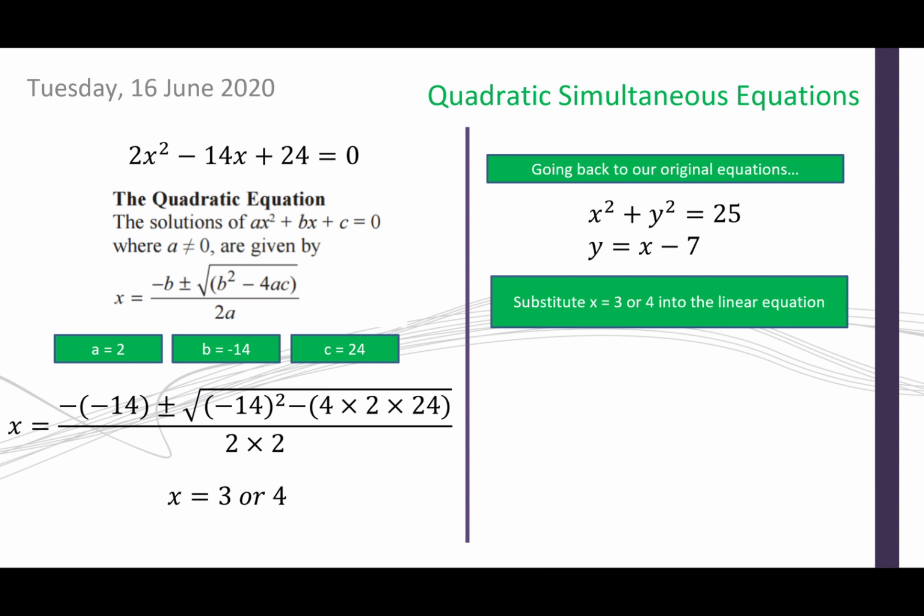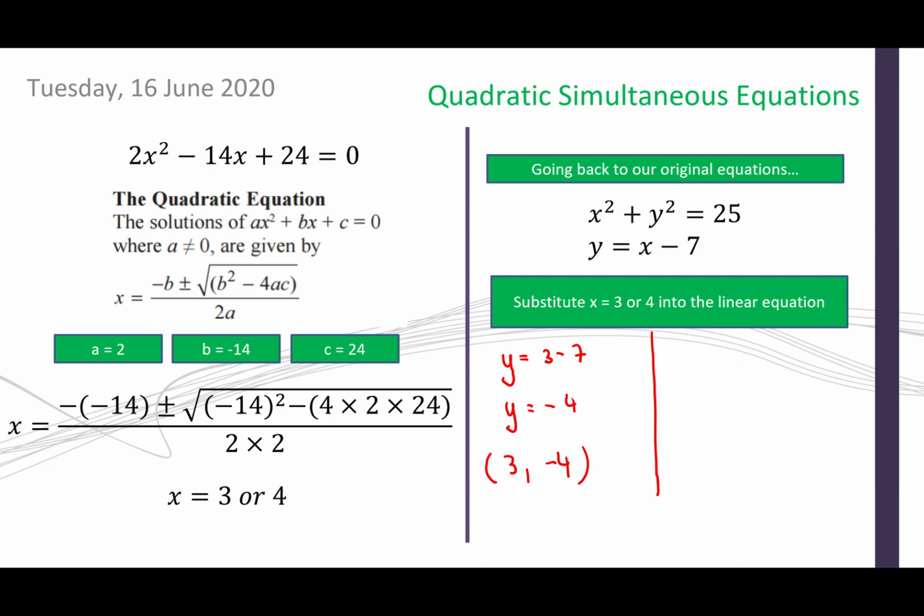So in my linear equation, wherever I see x, I will write 3. This gives me y is equal to 3 minus 7. And solving for this gives me y is equal to minus 4. This means my x and my y values are 3 and minus 4.